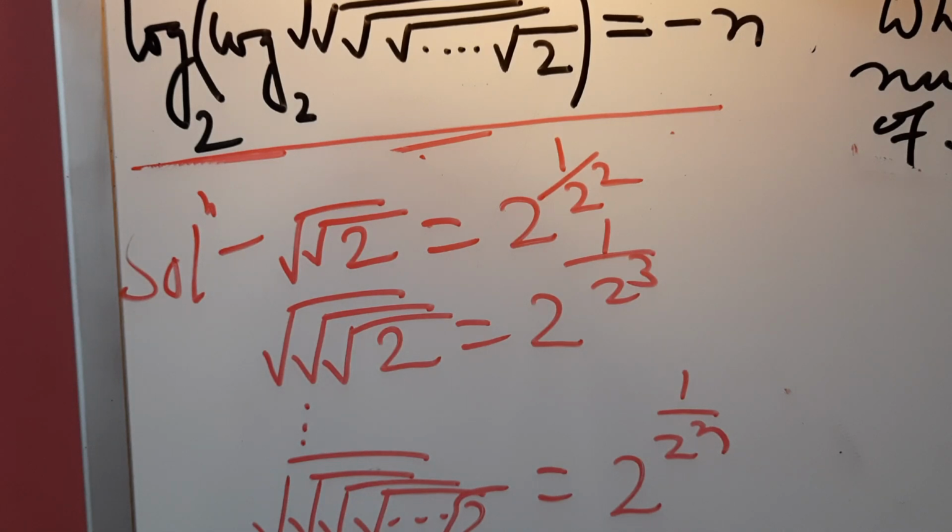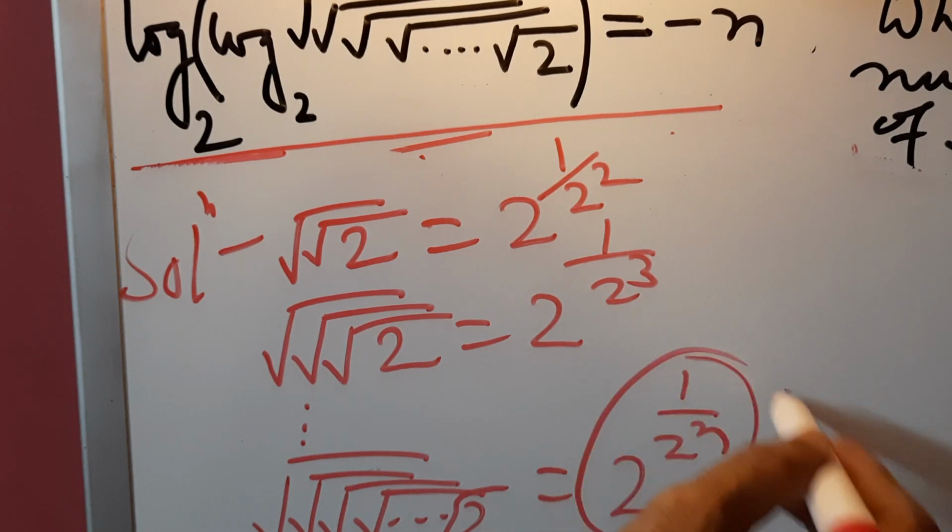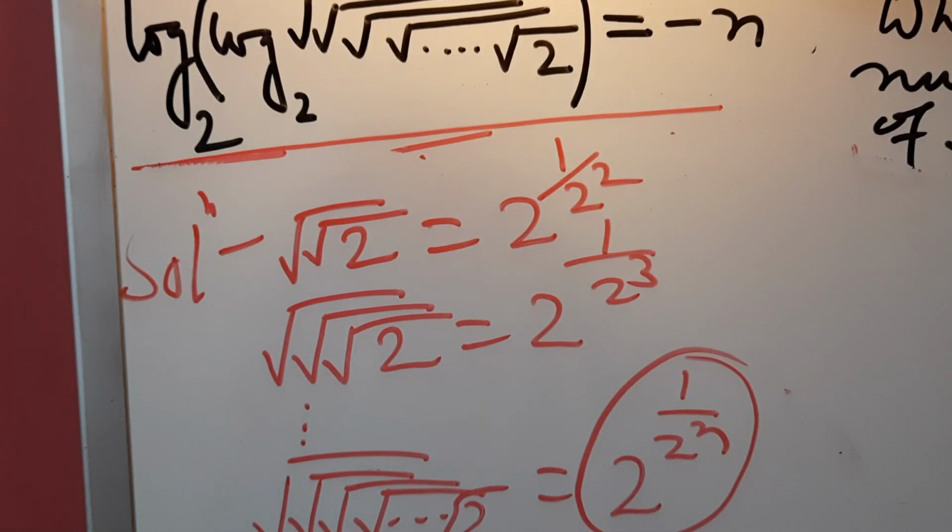So the inner expression value will be 2 to the power 1 by 2 to the power n.